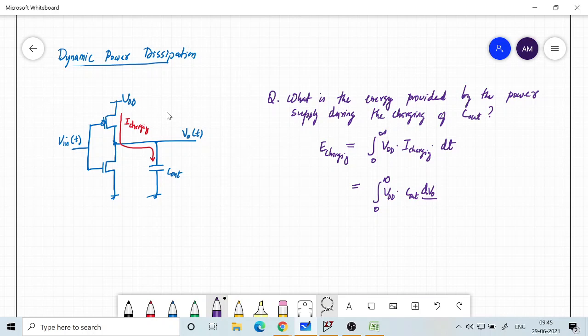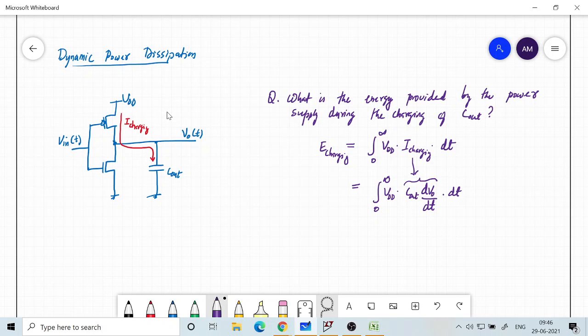So C dV by dt is basically the current flowing through the capacitor, where V naught is the voltage across the capacitor and C is the capacitance. So this into dt. So I substituted for current, the charging current. That's all what I did.